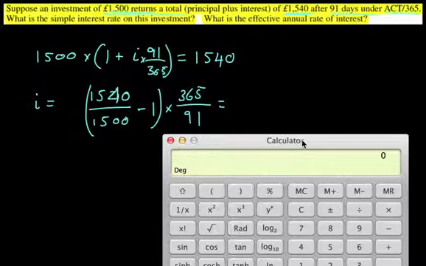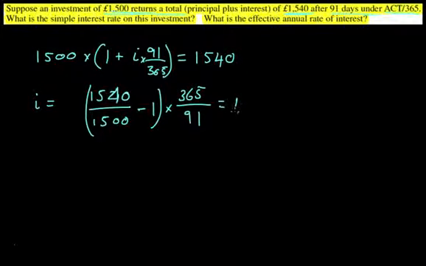So to start with, we've got 1540 divided by 1500 is that, minus 1 is that, times, in brackets, 365 divided by 91, close the brackets. It's going to give us 10.695, so roughly 10.7%. And if you've noticed, I've increased the thickness of my pen by 2, so hopefully that makes a difference.